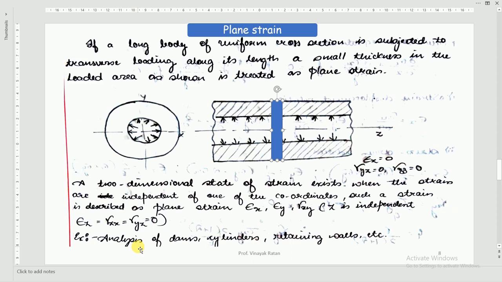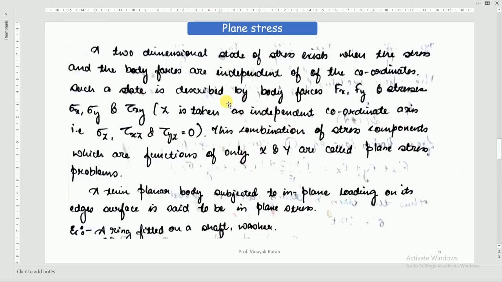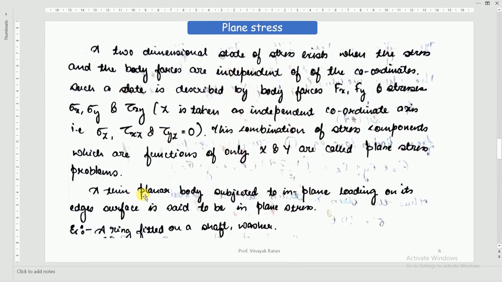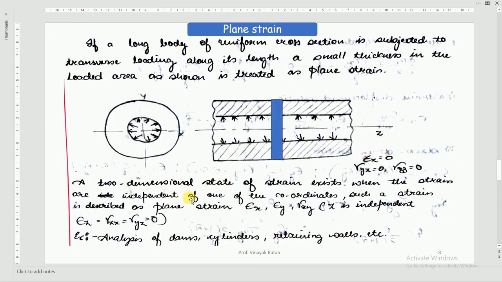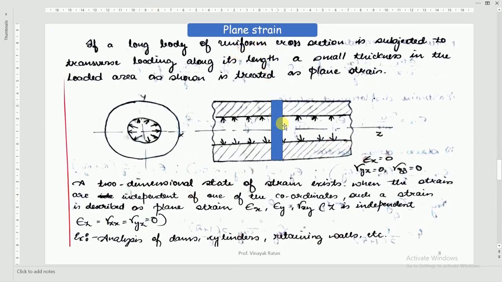It will be independent of the x and y coordinates. Cylinders, retaining walls, etc., are other places where you can apply plane strain. For smaller thin bodies you can apply plane stress conditions. For longer bodies you have to apply plane strain conditions.